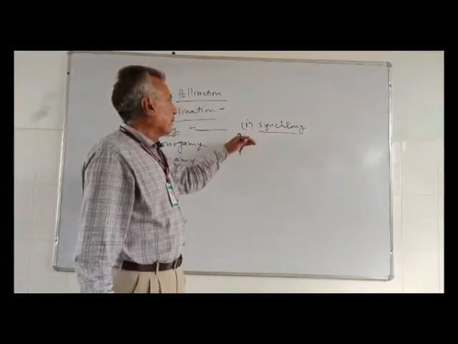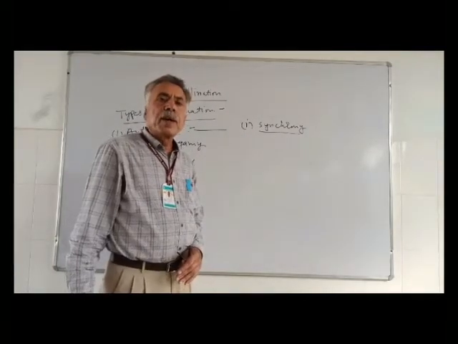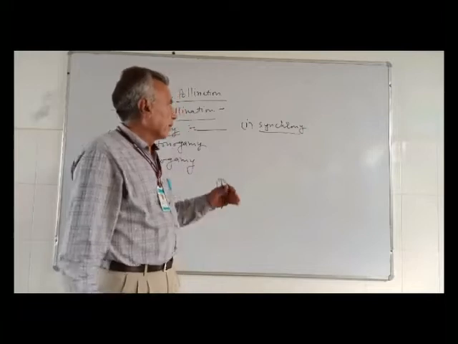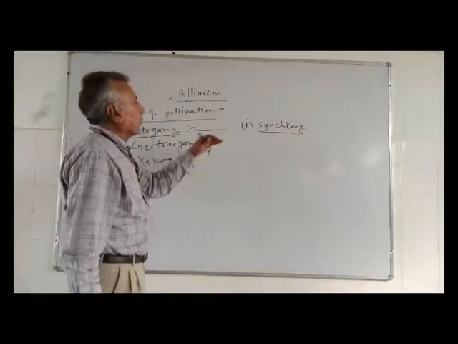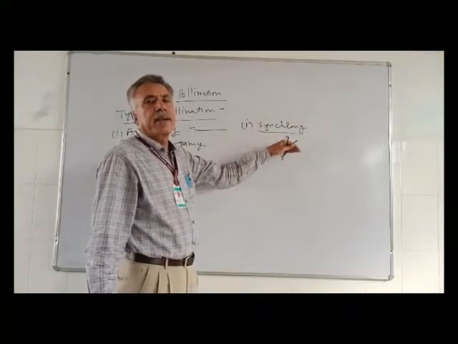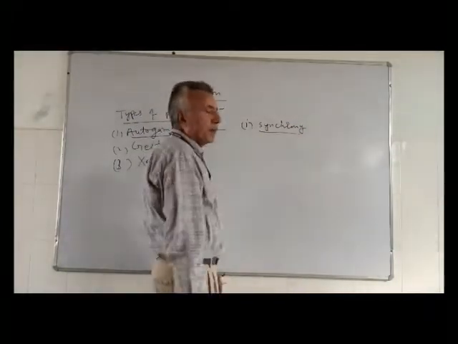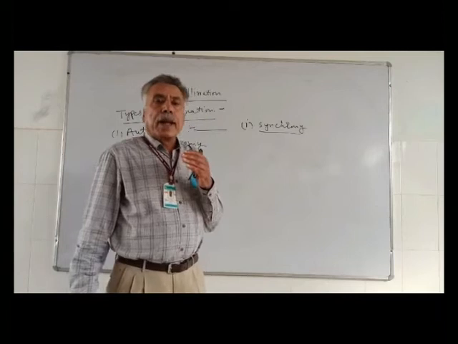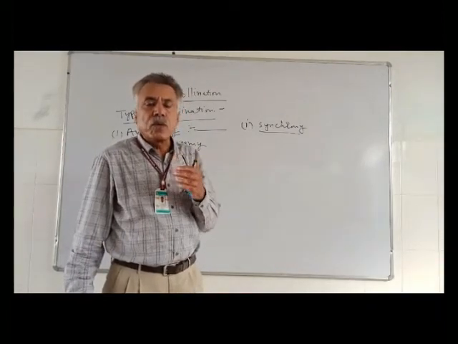When the pollen is released, at that time the stigma attains receptivity. This condition is necessary for autogamy. Number two condition, anthers and stigma should lie close to each other.